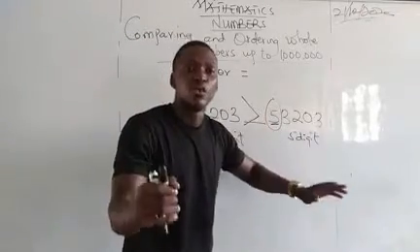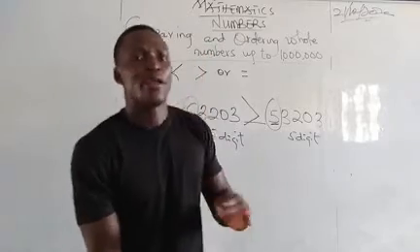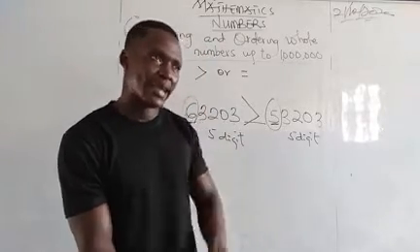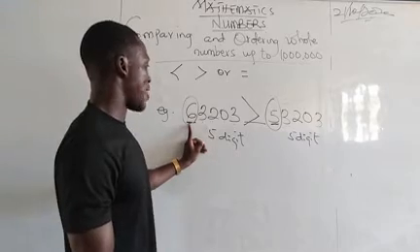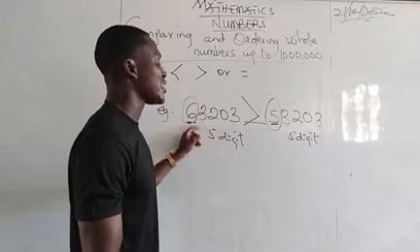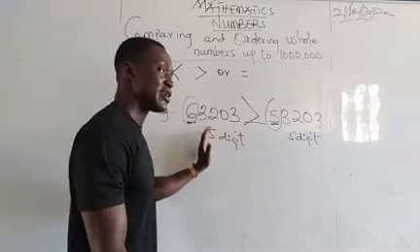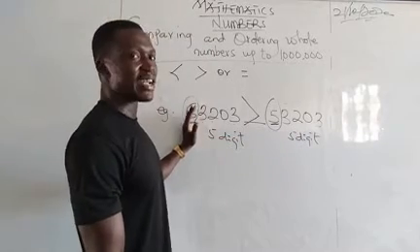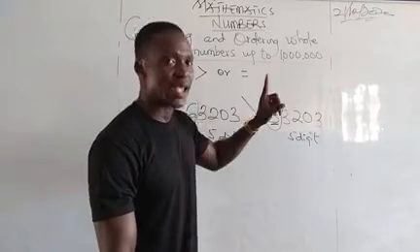Then you move to the second rule by comparing them digit by digit. If you get to a digit whereby one has a bigger number than the other, that means the one with the bigger number is the greater figure.